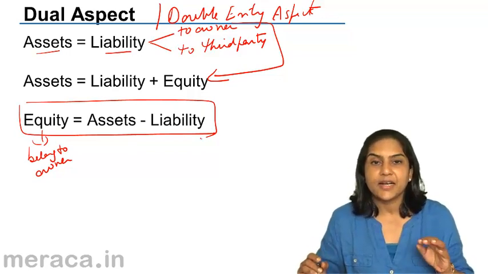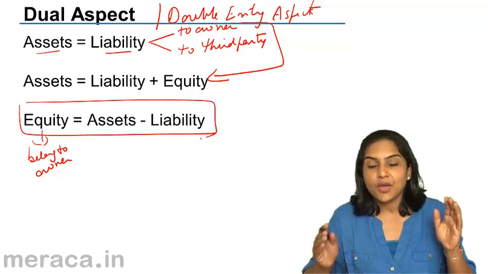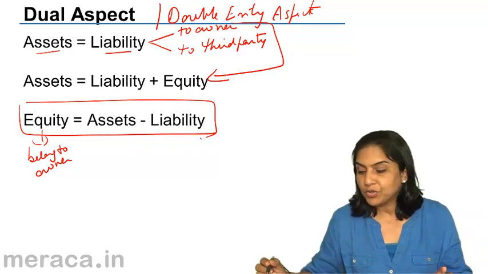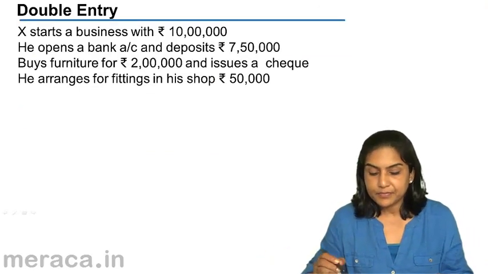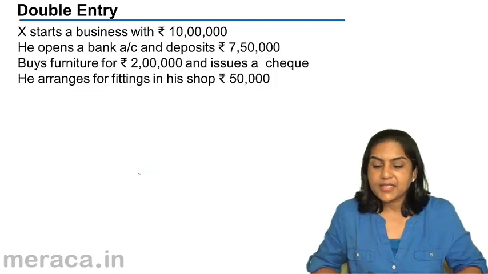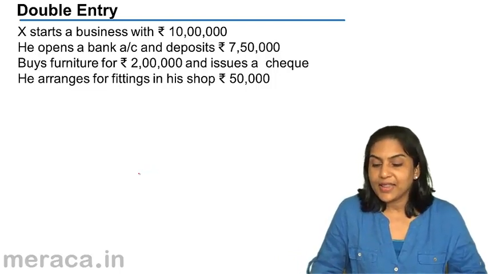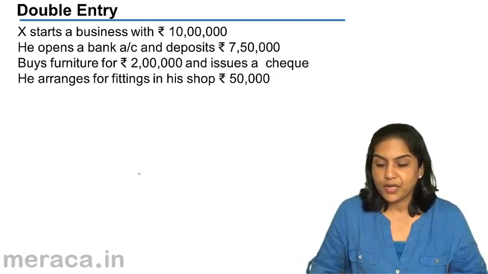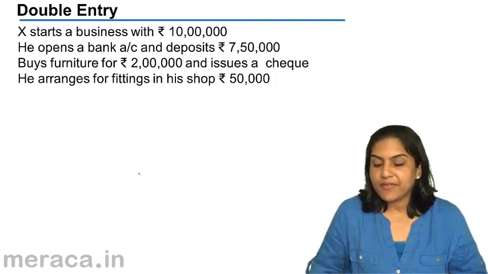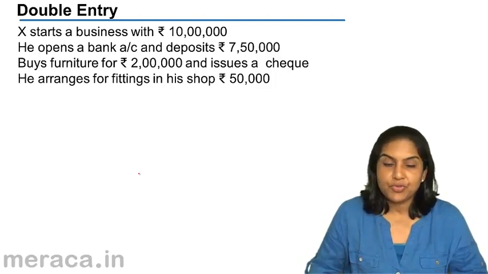We can consider a couple of examples to see whether assets are always equal to liabilities. Let us say X starts a business with 10 lakh rupees. He opens a bank account, deposits 7,50,000, buys furniture for 2 lakh, issues a check.